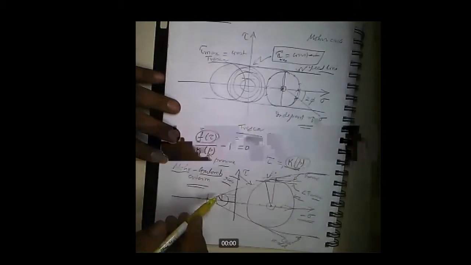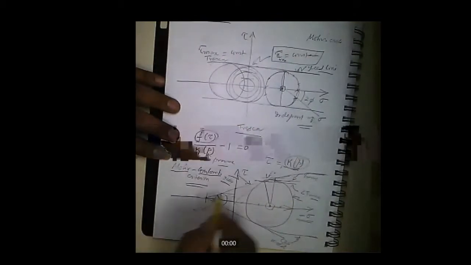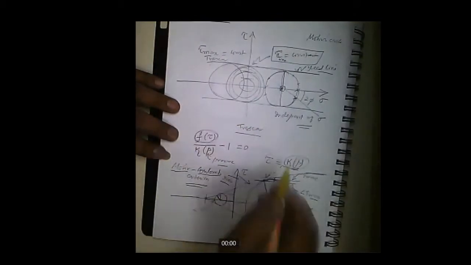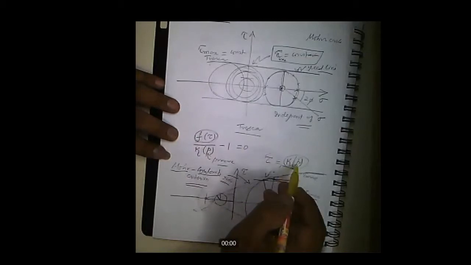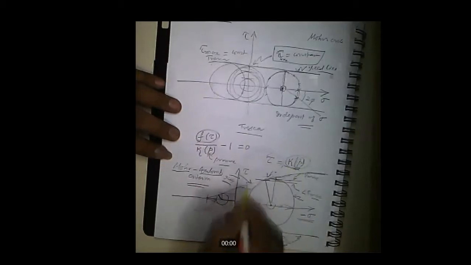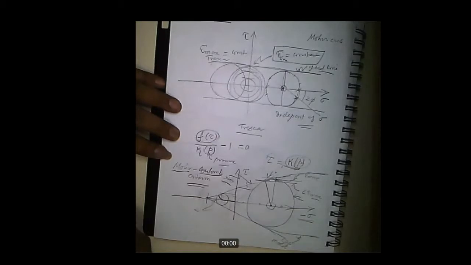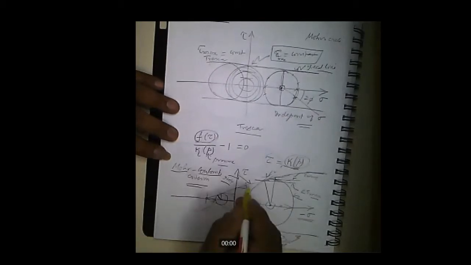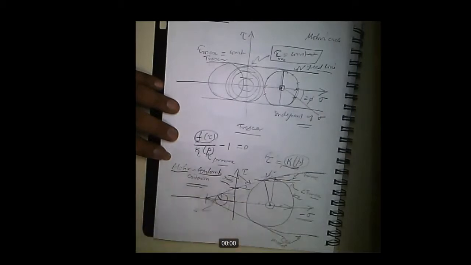If you go back to Mohr-Coulomb, it is the same here. If I take this as a linear function, then this kappa will be a linear function. I need to find out the slope of this. I need to find out the ordinate of this, which means there are two different values that I need to find.